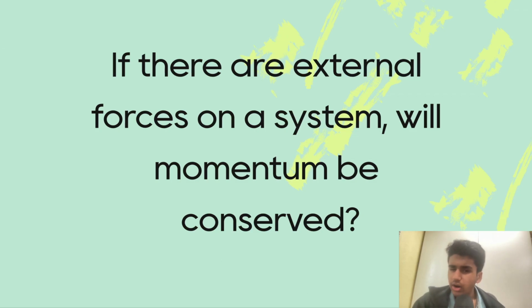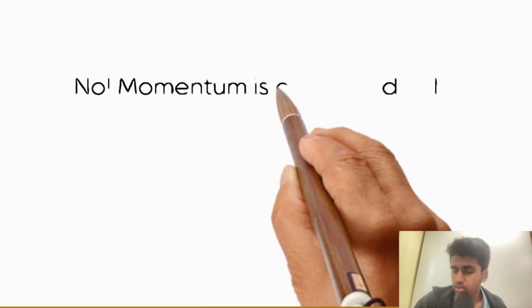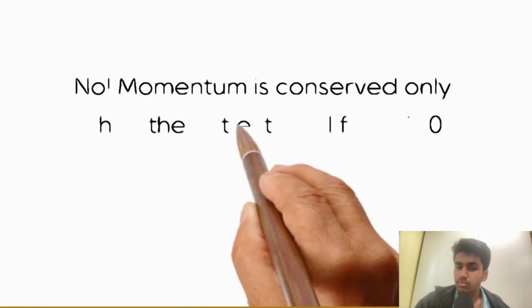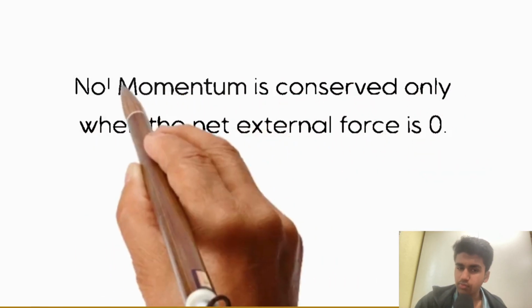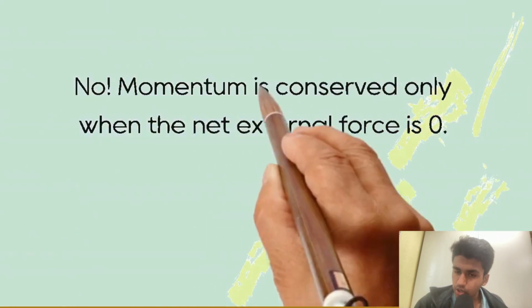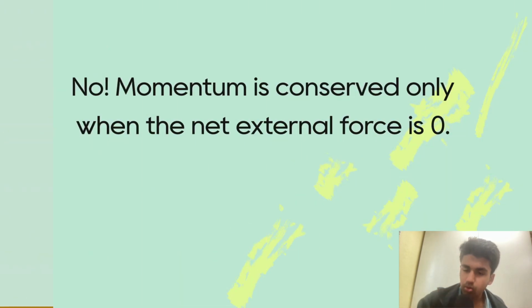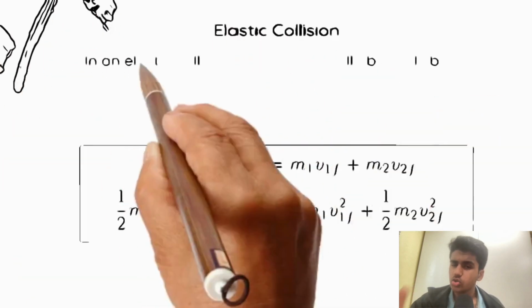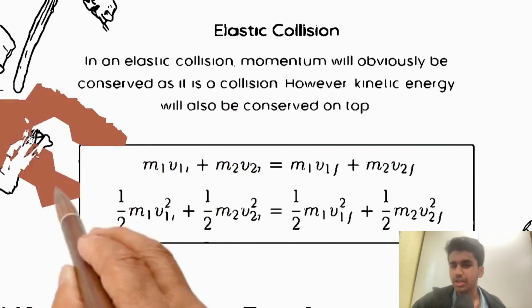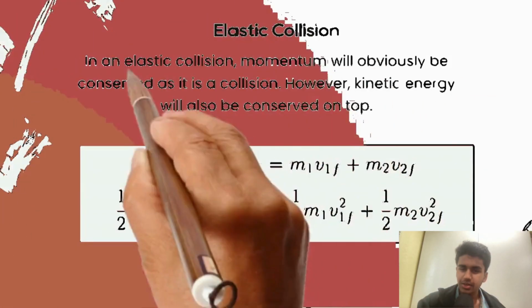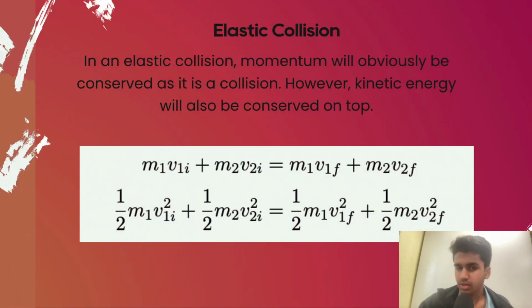Now, if there are external forces on a system, will momentum still be conserved? The answer is no. Momentum is only conserved when the net external force is 0. There are two types of collisions we must be familiar with, an elastic collision and an inelastic collision.